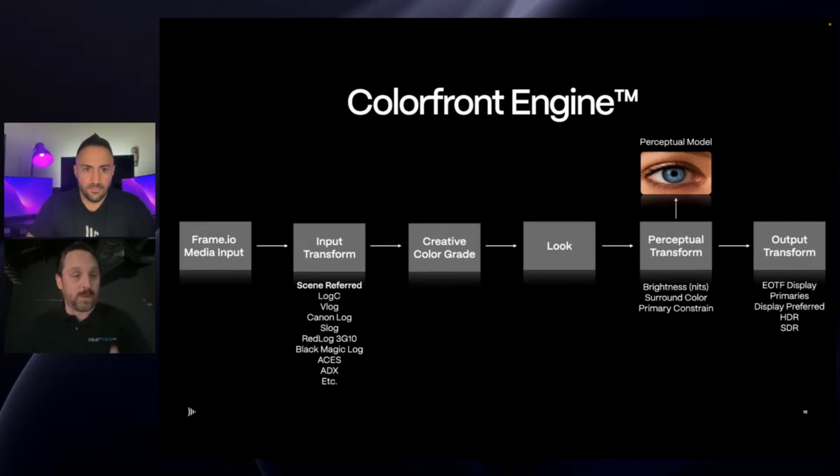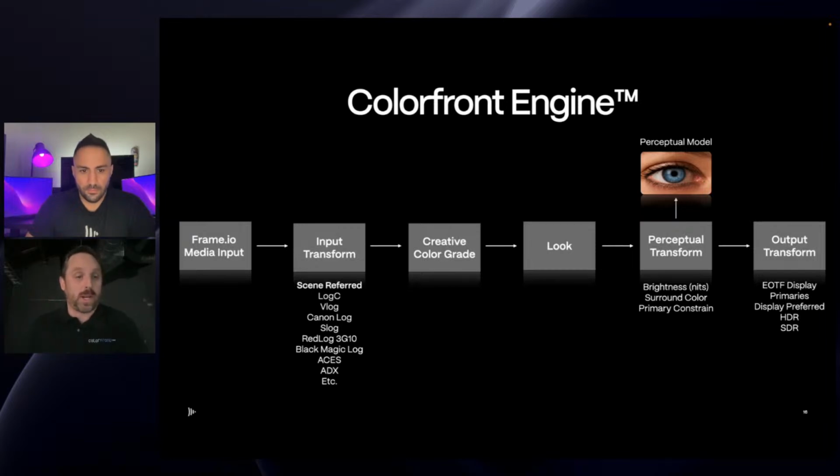Then you've got your input transform, then your creative color grade, your look. What's new on this slide is the perceptual transform. It gives you a couple of additional tools for brightness, surround color, and primary constraints. The perceptual model is how our eyes see the world, how our eyes visualize everything.